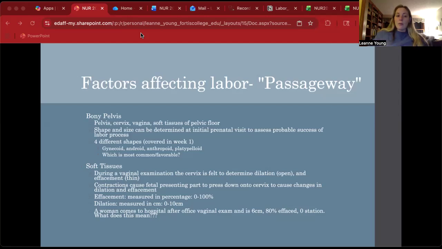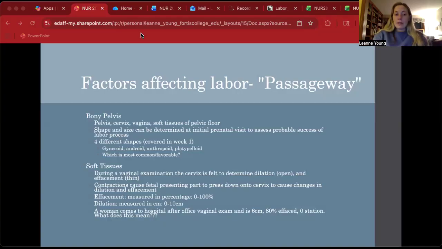Okay. We cannot have effective labor progression without effective contractions, right? If we're not getting a good squeeze and we're not pushing that baby down onto that cervix and that fetal head isn't pushing down onto the cervix at all, we're not going to be successful or have any change in dilation, okay?